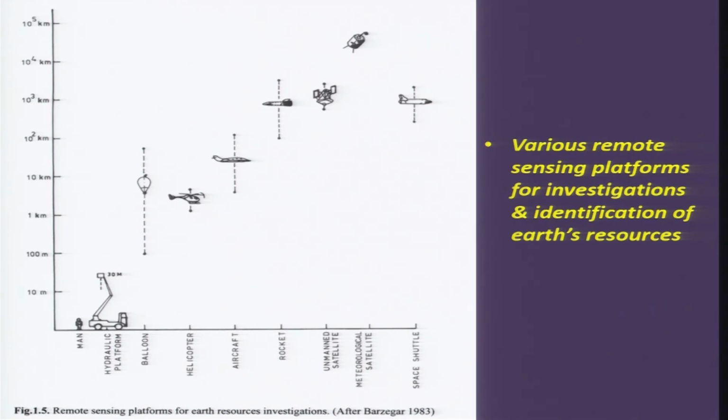So for various remote sensing platforms for investigation and identification of Earth resources, you can use a camera mounted on some vehicle, or you can use balloons, helicopters, aircraft, rockets, satellites, meteorological satellites or a space shuttle. So these are the various techniques or platforms through which you can collect the data which is required.